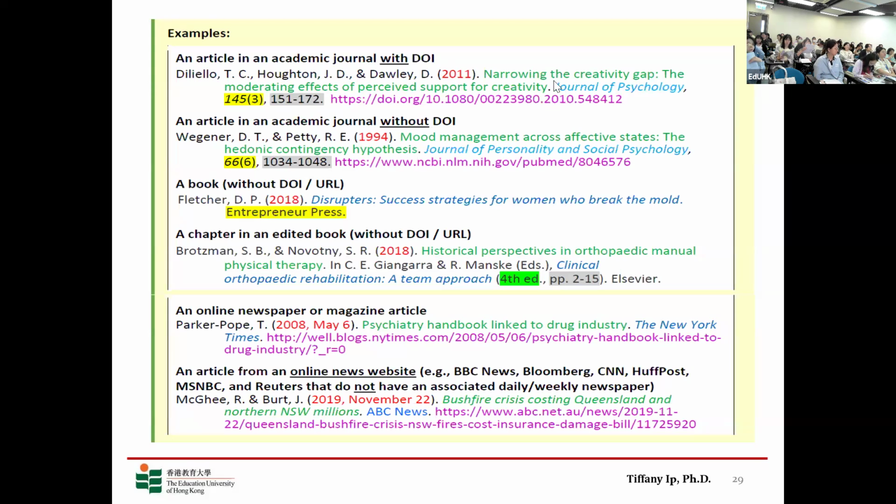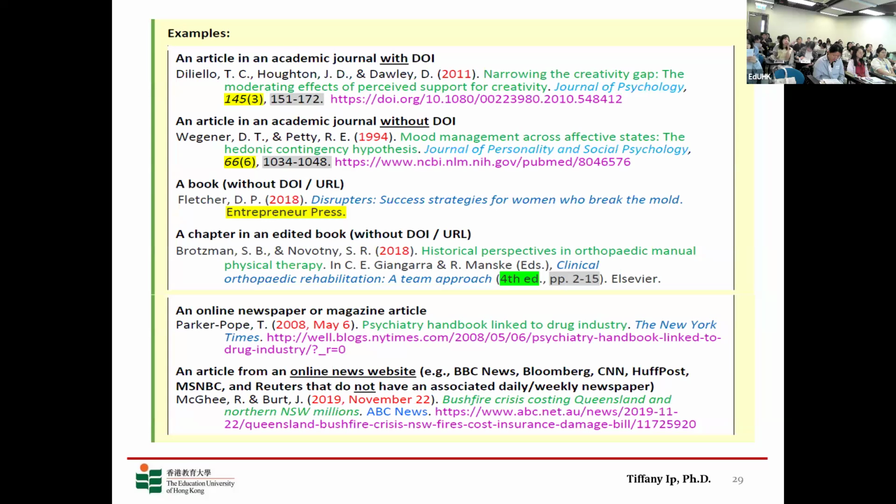And then the green part would be the article name. You can write it down. The green part is the actual article name. And then the blue part here is the journal name. So you find a Journal of Psychology. A journal is like a magazine. I guess you have more experience reading magazines than journals. So the magazine name is like the journal name. And when you flip through the magazine, one particular article has a title, and that is the green part.